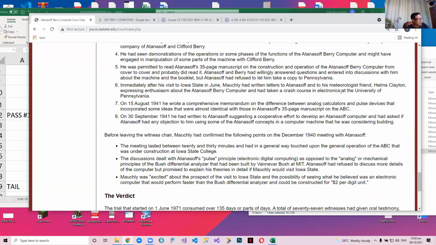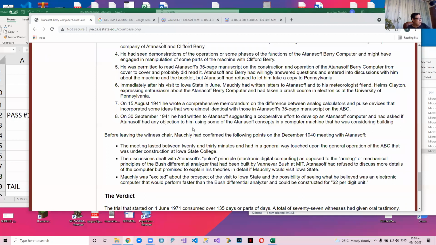Why is that? Because Mauchly is a mathematician, unlike Atanasoff, a physicist who knows electronics. So Mauchly did a crash course in electronics, and he came out with the difference between analog computers and pulse devices, and incorporated those that were identical to the paper of Atanasoff, written in the 35-page manuscript given to him.